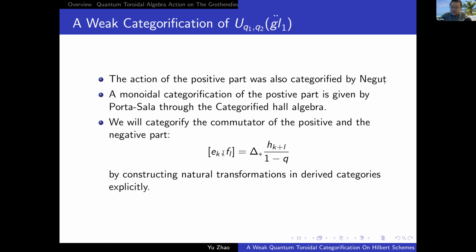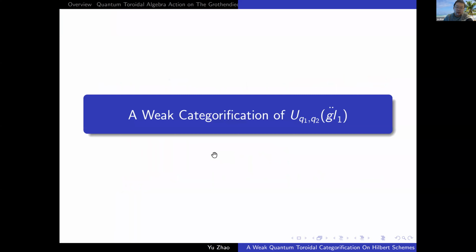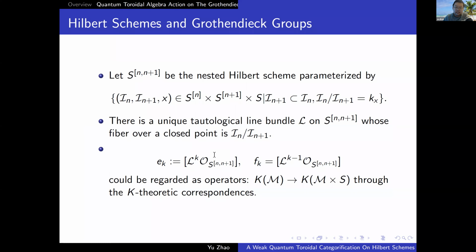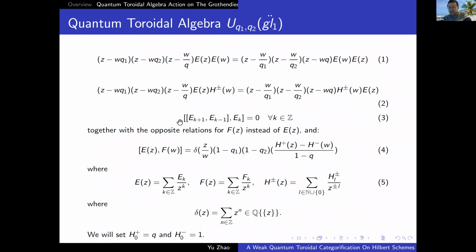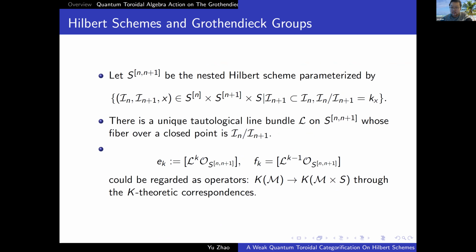I see. So for example, for relation 3, the cell relation, how do we write this in the explicit derived category? It is through the explicit natural transformations. Yeah. So this is what Andrei did in his paper, Hecke correspondences for moduli spaces of sheaves.